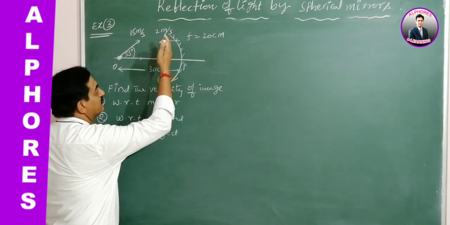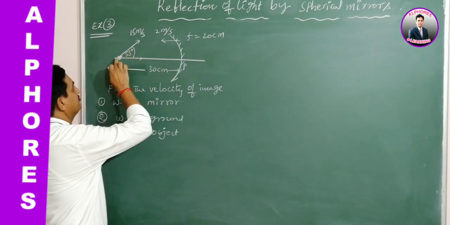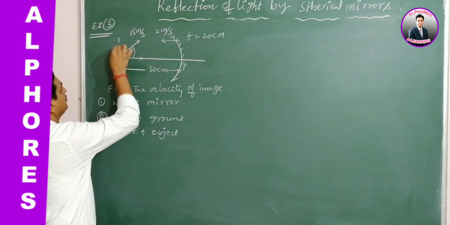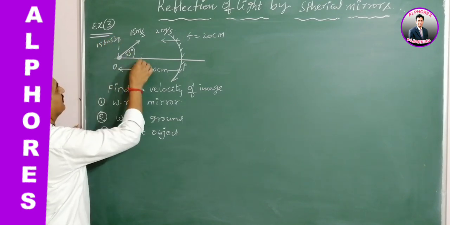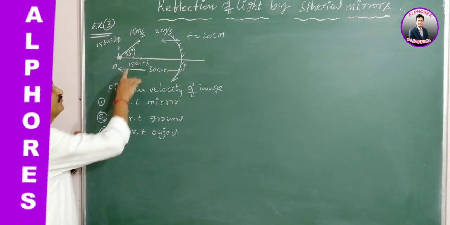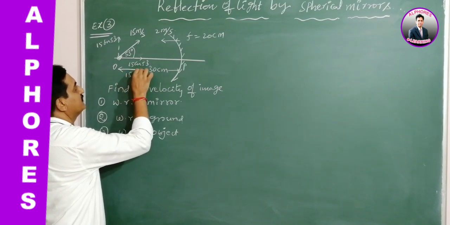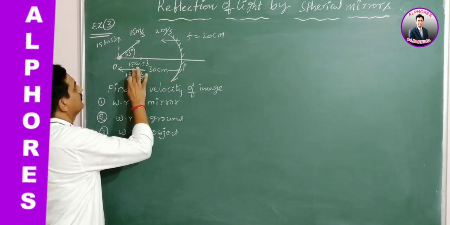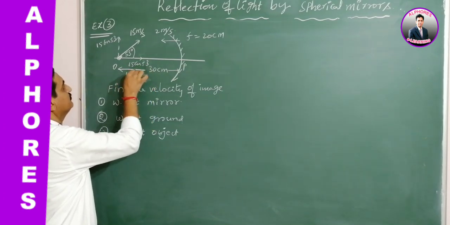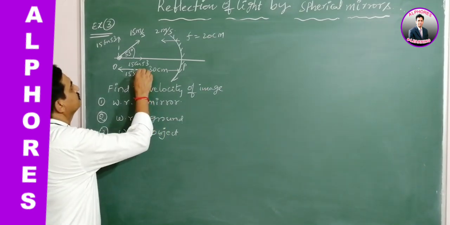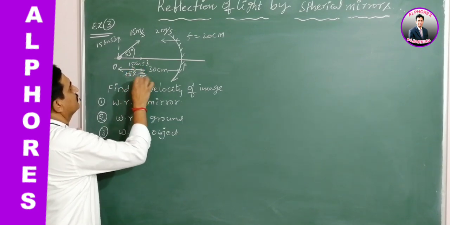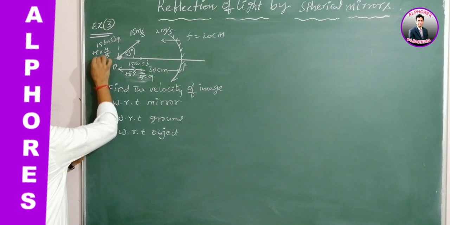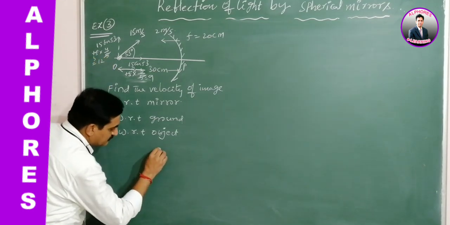Of course, there is no need to resolve the mirror velocity, since it is already in the negative x direction, but this is resolved into 2 components: 15 cos 53 and 15 sin 53. 15 cos 53 means 15 into cos 53, that is 3 by 5, which gives 9. And 15 into sin 53, 4 by 5, gives 12.